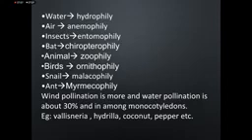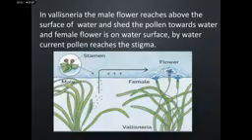Example, Vallisneria, Hydrilla, coconut, pepper, etc. In Vallisneria, the case can be studied in the next slide. In the case of coconut and pepper, water is required for the transfer of pollen grains from one flower to another, and also some small insects help with the transfer.